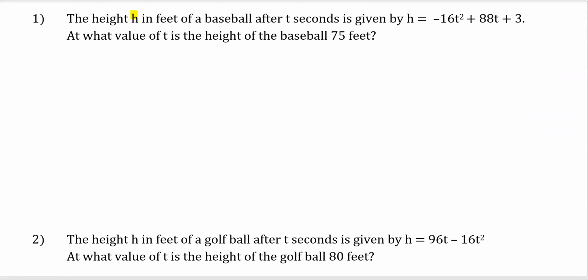We have the height h, and it tells us the height is 75 feet. So we should substitute in 75 for the height. It says solve for t, which is time.